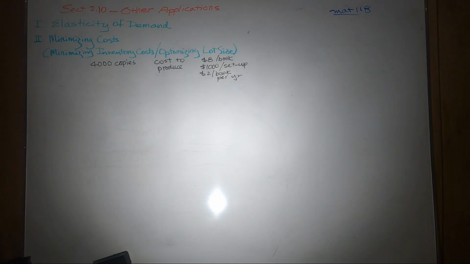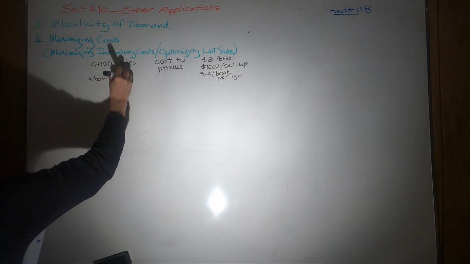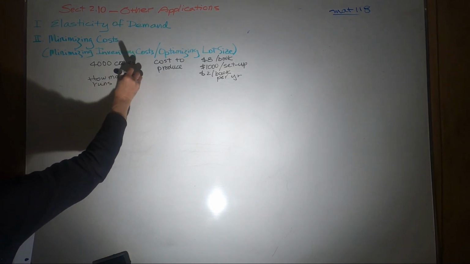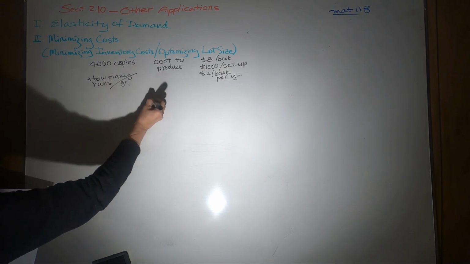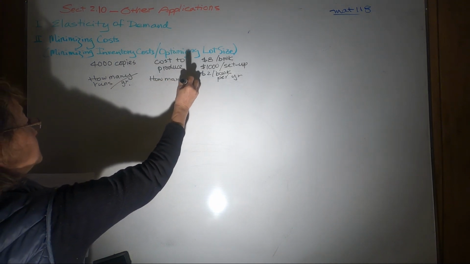So the idea is how many runs per year, and how many copies per run. That was the question.